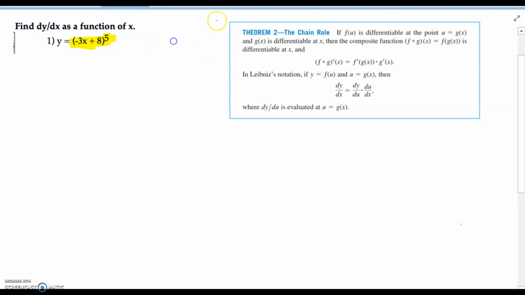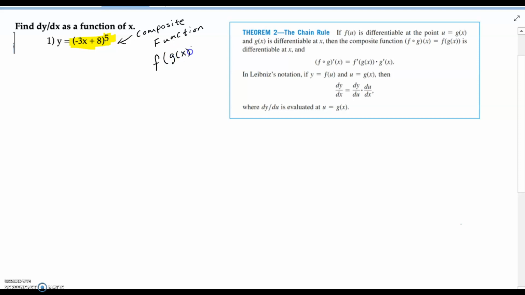So what you can do is apply what's called the chain rule. Now, this is what we call a composite function. What does that mean? That means you have one function inside of another.